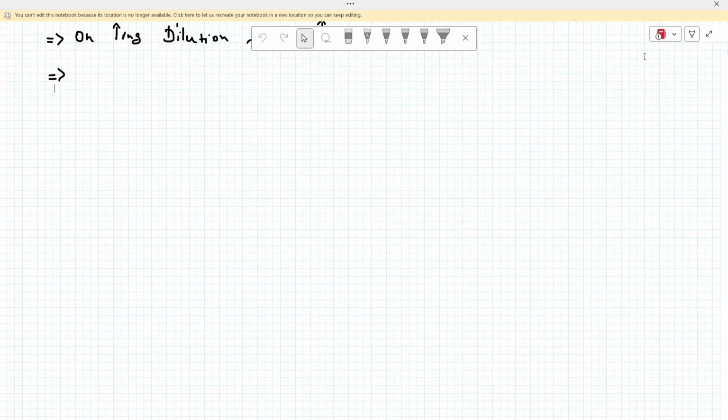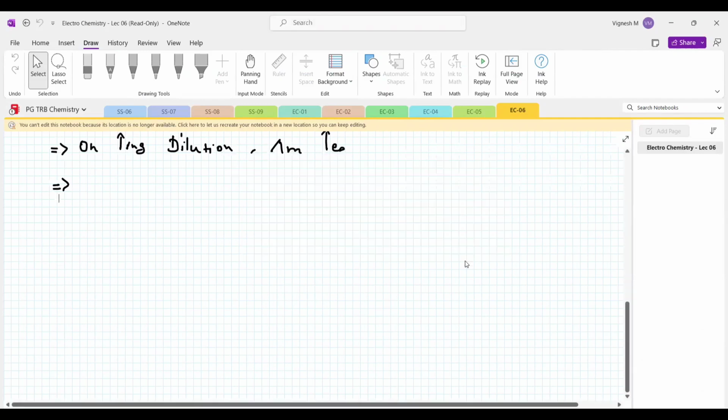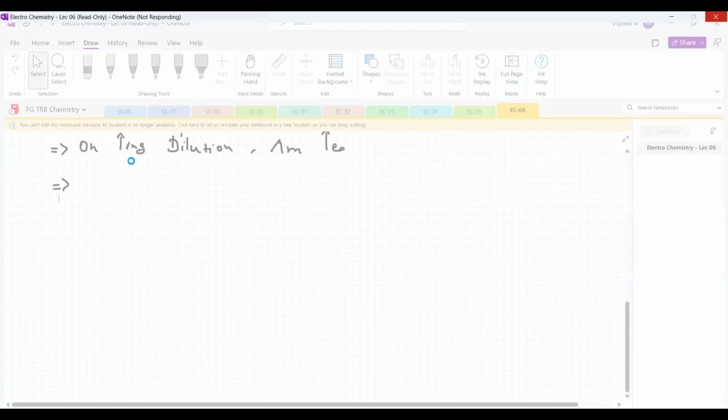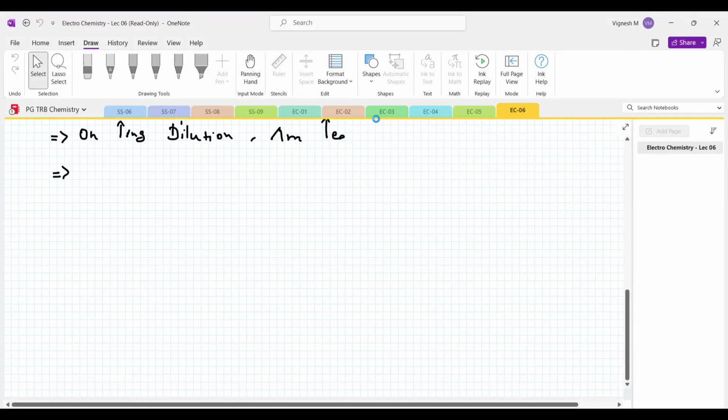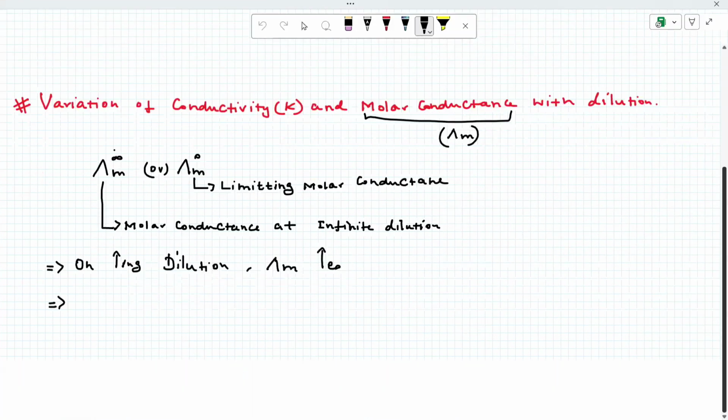See the graph. Just wait. Screen is visible, students?